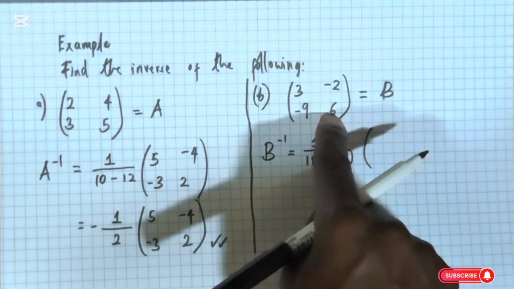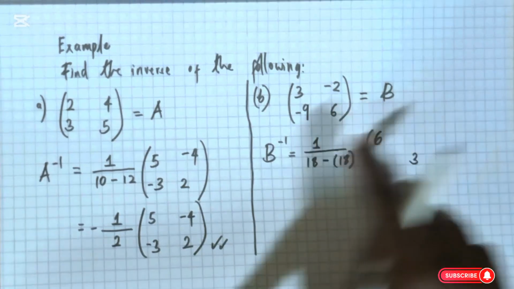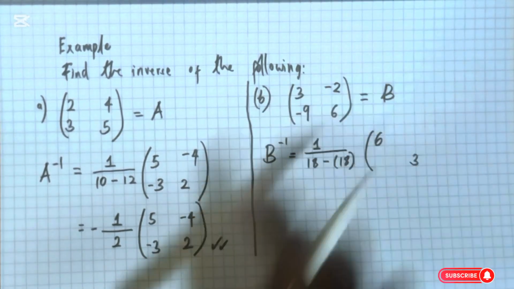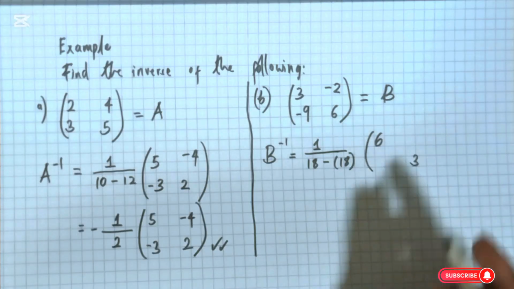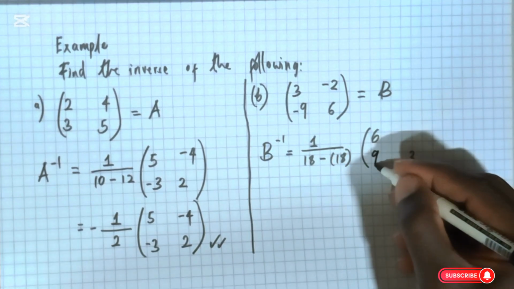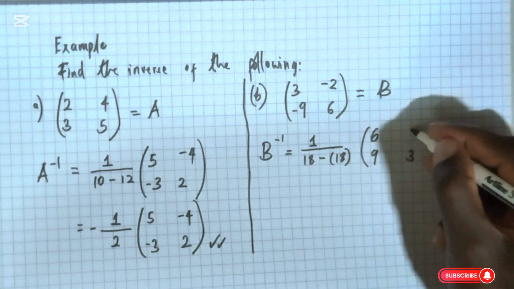So where we have 3, we'll have 6. Where we have 6, we'll have 3. So it's going to be 6 and 3 here, and we negate the elements of the other diagonal. That's -9 times -1, which is 9, and -2 times -1, which is 2.